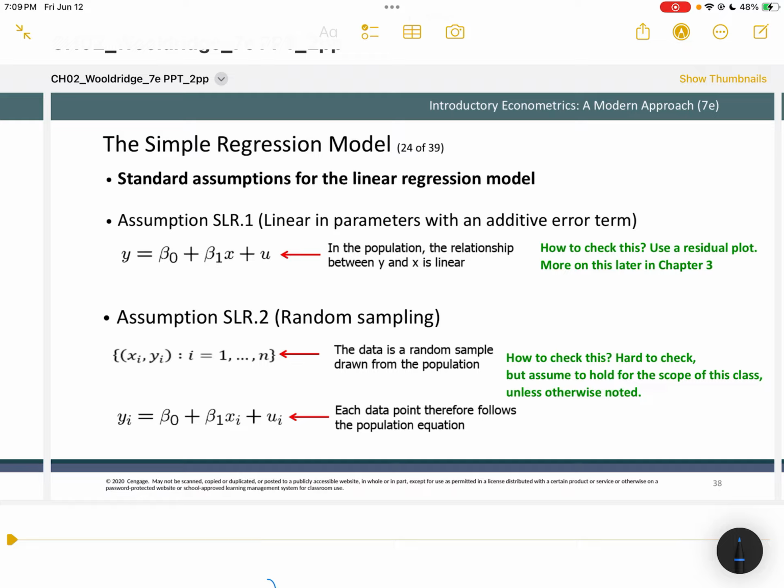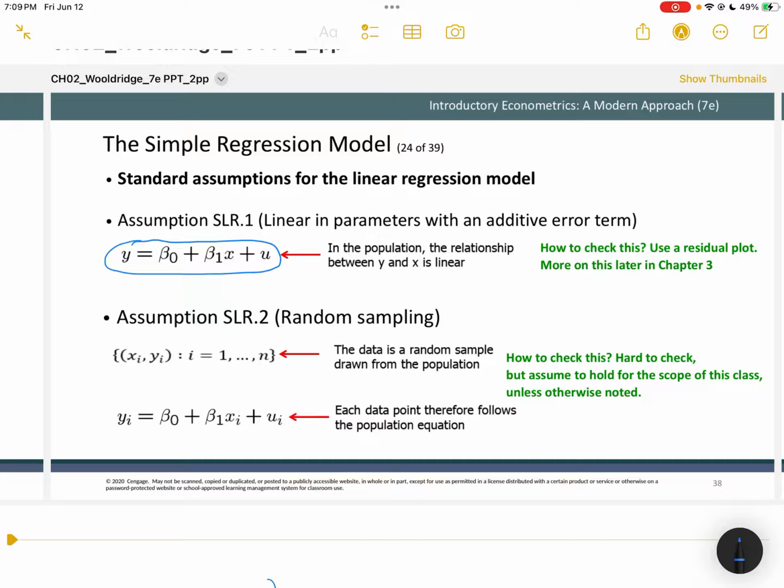We have a linear regression model that is linear in parameters with an additive error, such that we can write our econometric model like so: y equals beta 0 plus beta 1 x plus u.